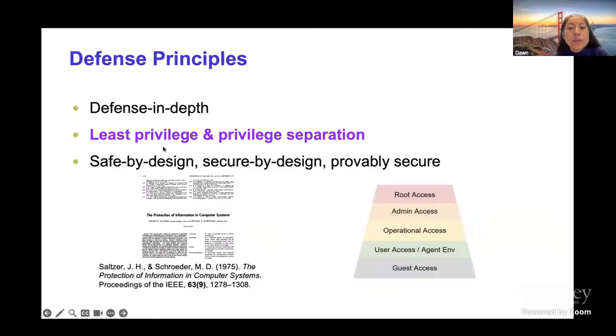The second principle is least privilege and privilege separation. Least privilege is a very important security principle in building security in a traditional system, which says that a system should only have as much privilege as needed to complete its functions or operations. That's why, in general, we have different levels of privileges.